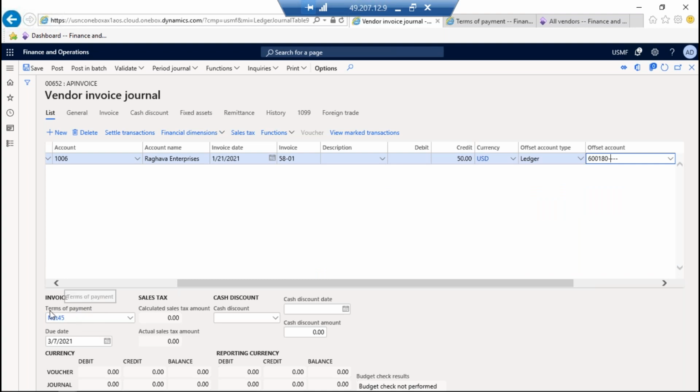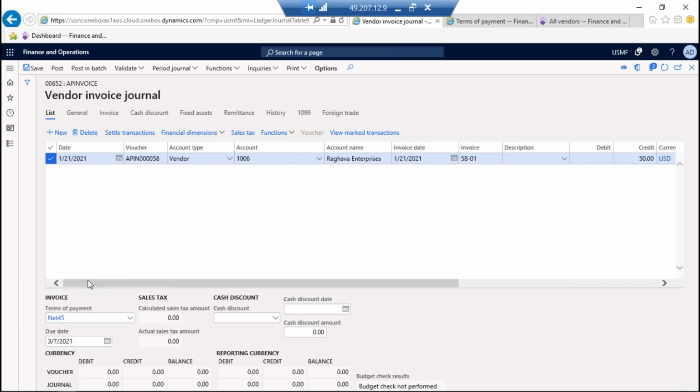Now look at this one. Terms of payment is already 45. Automatically the due date is coming as 7th of March. The reason behind it is that 20th February is the 1 month. Then 21st to 28th February has only 28 days, so 21 to 28 is 8 days, plus 7 days, it is 15 days. Understood?